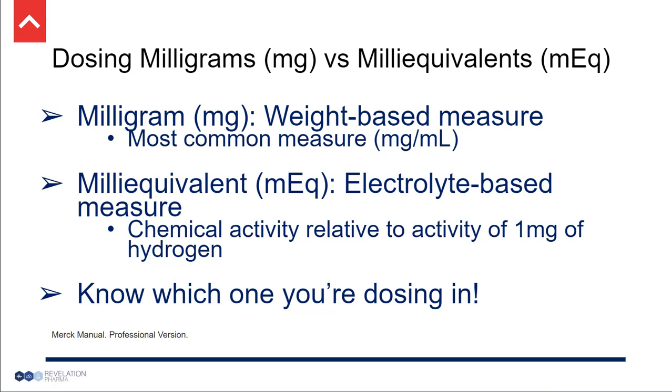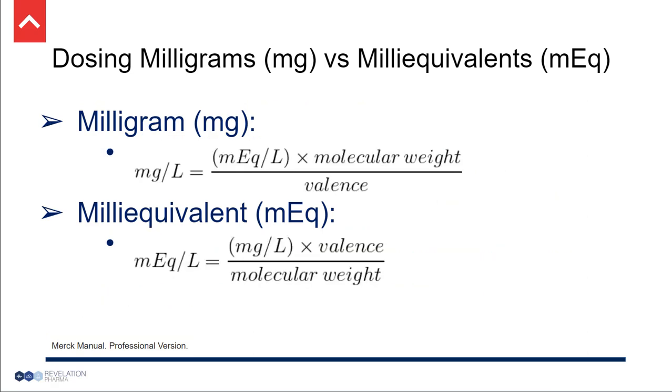And then we've got milliequivalents, which is more of an electrolyte-based measure. So it's actually the chemical activity relative to the activity of 1 milligram of hydrogen. So it has more to do with the chemical activity in solution versus just the pure, simple weight-based measure. So just know which one you're dosing in and how to adjust.